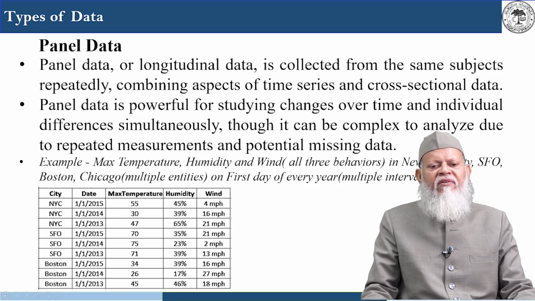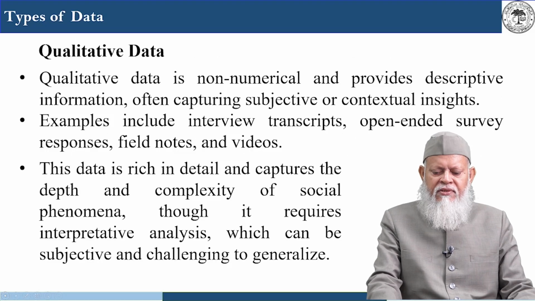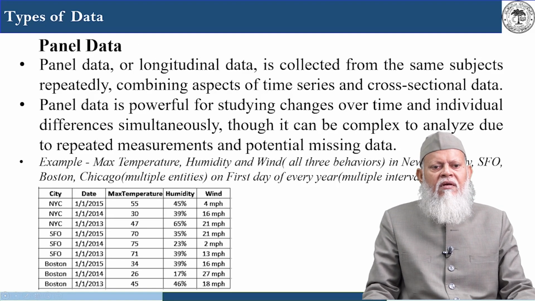Panel data is powerful for studying changes over time and individual differences simultaneously, though it can be complex to analyze due to repeated measurement and potential missing data. But anyway, we should know the difference. What is that? Combining of the time series and cross-sectional data.